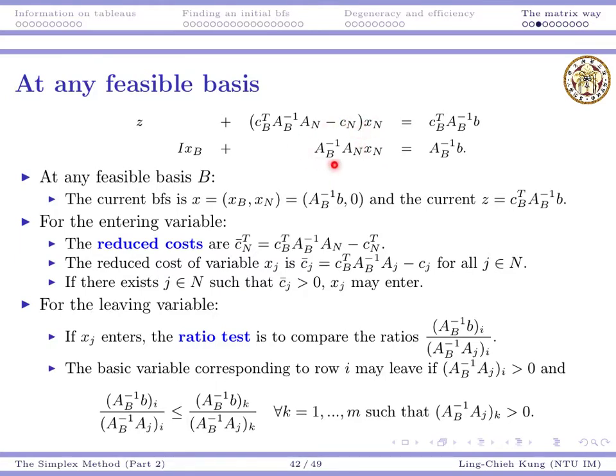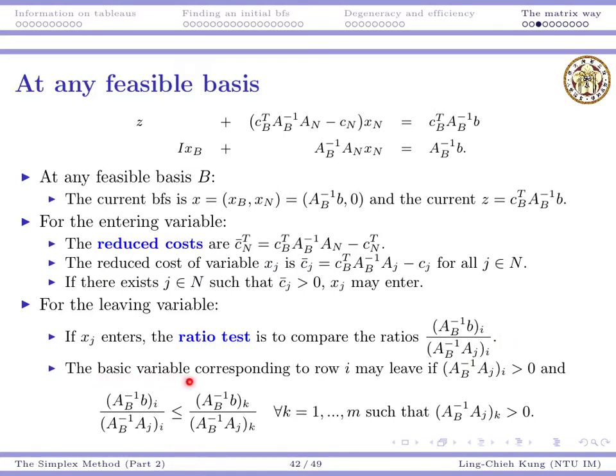Here, AB inverse is a square matrix, AN is another matrix. But if you take only one column from AN, only AJ, then AB inverse AJ would be your entering column. And then you do this ratio test to get all the ratios you need.